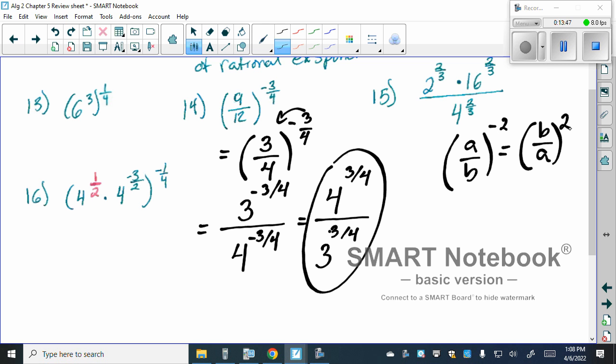So we could have just switched the 3 and 4 to change the sign of the exponent and gotten the same thing. Now this is where we're going to leave this one. Some, especially college professors, wouldn't like that we have 3 to the 3/4 in the bottom of the fraction. We don't like having fractional exponents there. But for this one here, we'll leave this alone at this point.